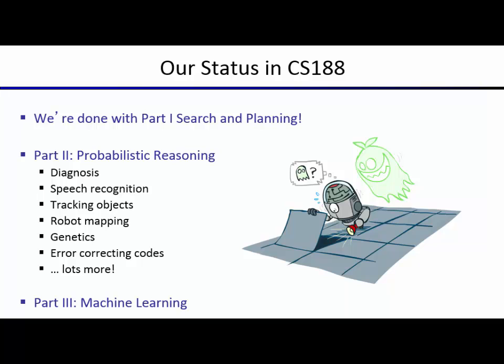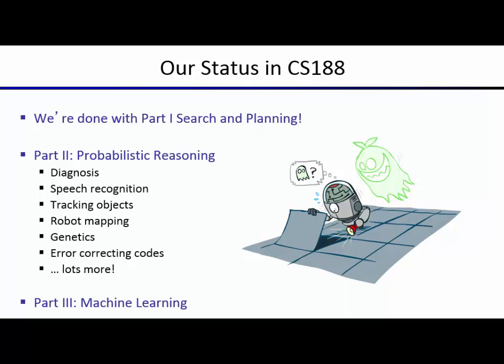Essentially anything where there's lots of variables that have some randomness to them and that interact with each other, those are the kind of problems we'll be able to solve. Now, in part 3, what we'll look at is, now that we know how to reason with lots of random variables, how do we get the probabilistic models that underlie our reasoning, and how do we build those from data?